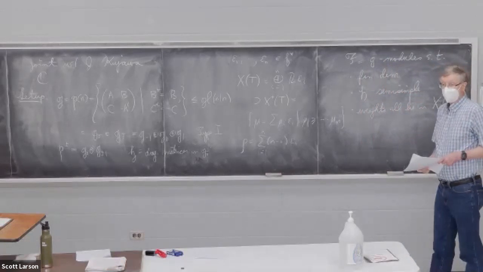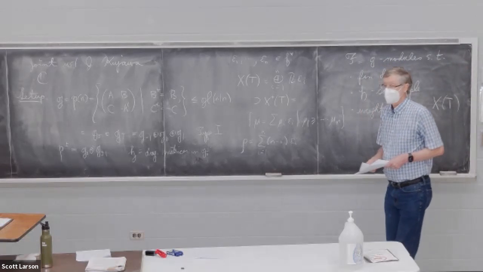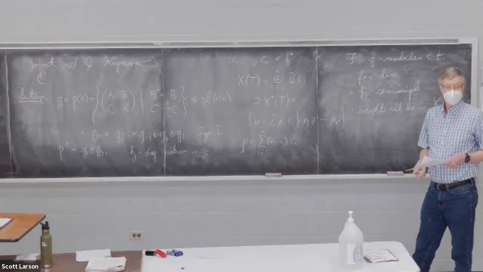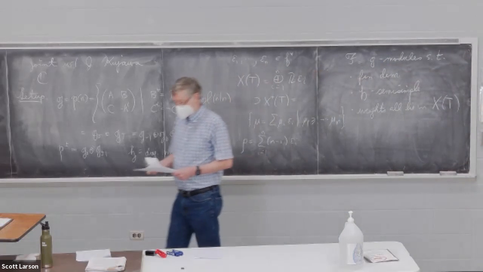Even though these are finite dimensional representations, those of you that know things about superalgebras know that those categories can still be pretty interesting. They can have non-trivial extensions. It's not semi-simple.